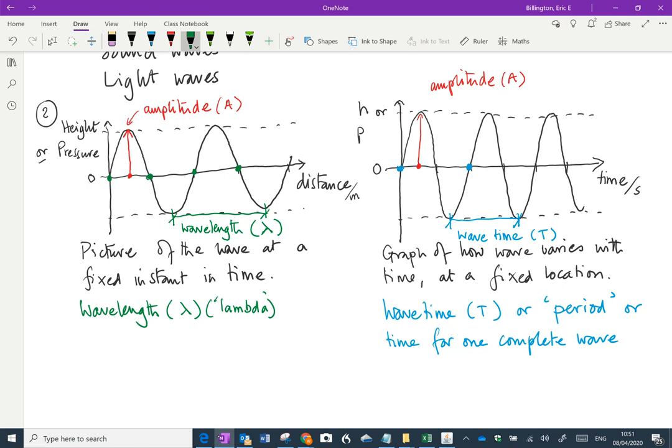The wavelength is the length of one complete wave. And the wave time is the time for one complete wave. And you'll notice that you can't get the wave time off the graph on the left, and you can't get the wavelength off the graph on the right, even though they are related to each other.